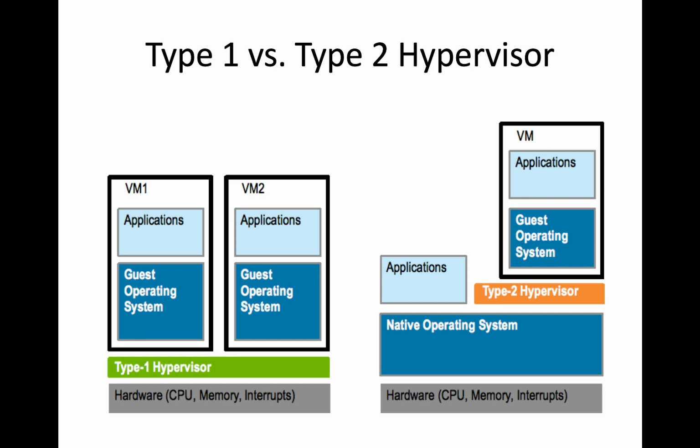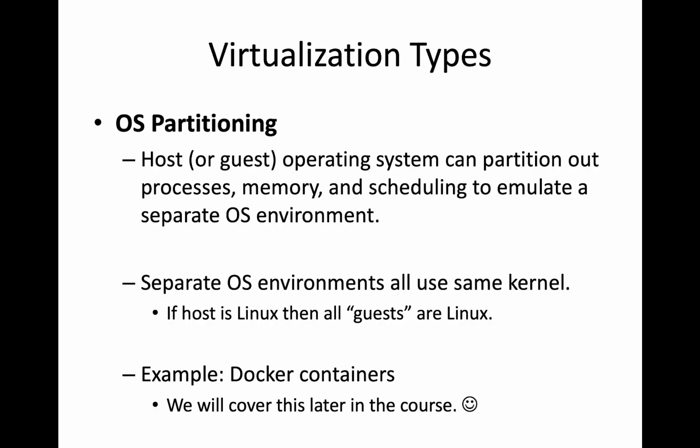You might have already surmised that type 2 hypervisors are generally a little bit slower because they have the additional overhead of running on top of a native operating system, versus type 1 hypervisors running directly on bare metal, so they tend to be more performant.